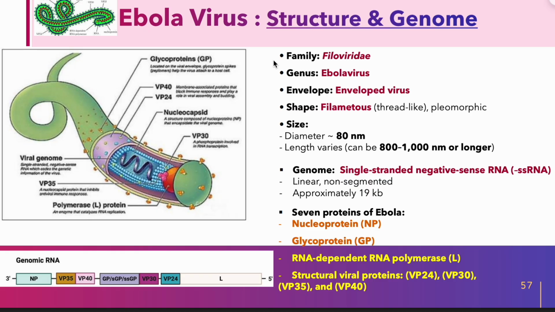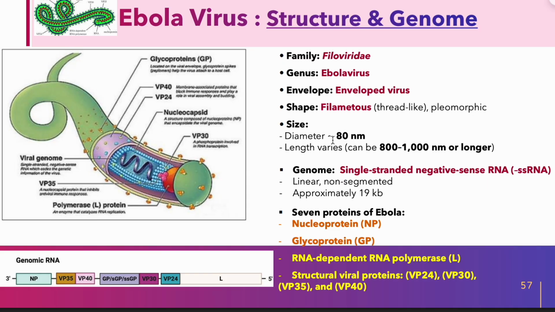It's from family Filoviridae, genus Ebola virus. They have an envelope and the shape is filamentous or thread-like. It can be pleomorphic, which means that it can change its structure.